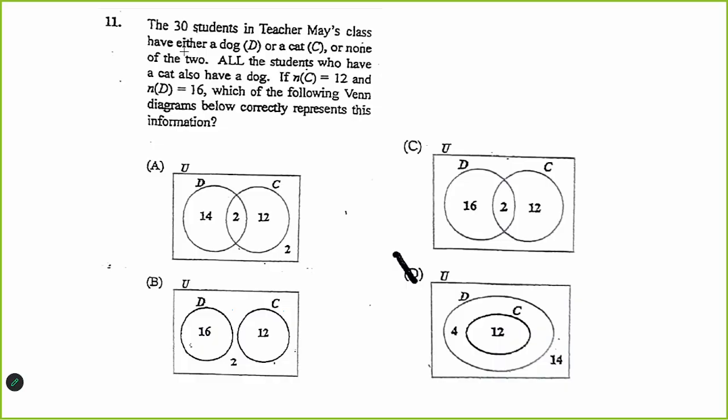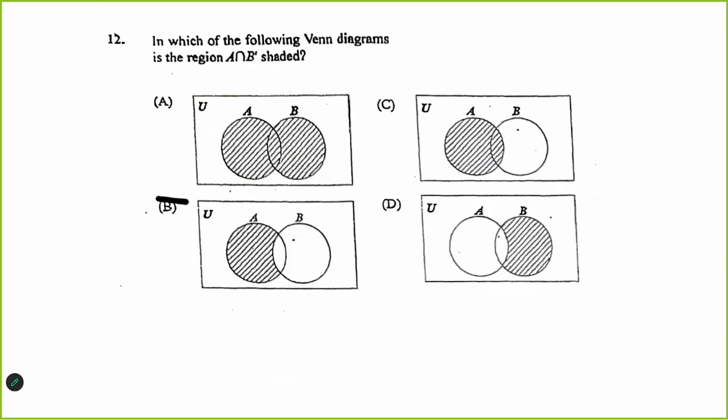Alright? The students in Teacher Mate's class have either a dog or a cat or none of the two. All the students who have a cat have a dog. See that? All the students who have a cat also have a dog. So it will be D because it is a subset. Right? And which of the following is A intersect B complement?